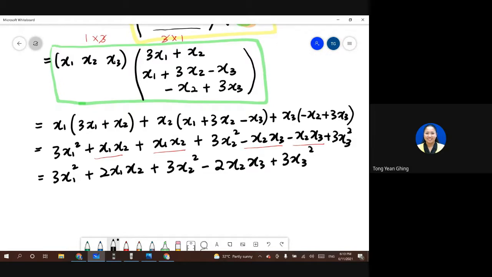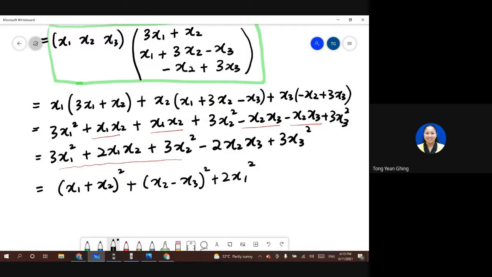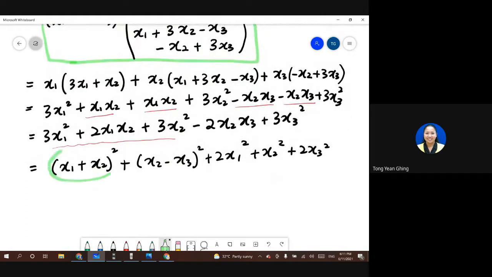So since this one, we can try to do the factorization, okay? Where I will use this one, become (x1 plus x2) square, and then over there is (x2 minus x3) square, but then we still lack, we need another 2x1 square plus x2 square plus 2x3 square. So okay, I show you this one.